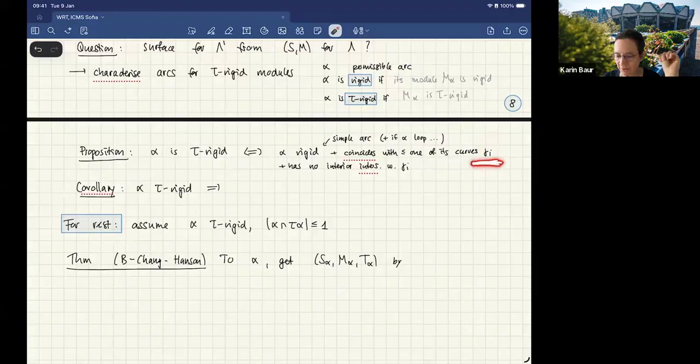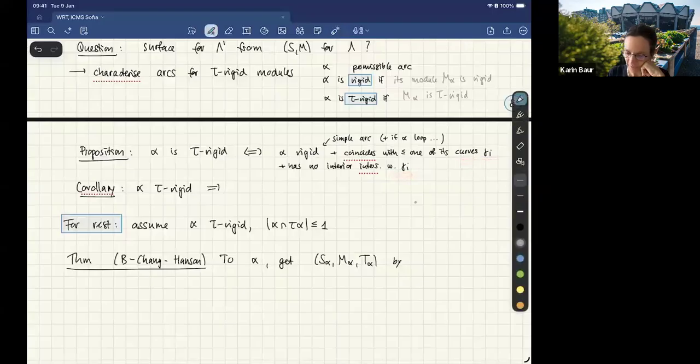These curves are corresponding to direct or inverse modules to arise as this hook or co-hook construction. And we say that at most one of them is equal to alpha. Sometimes one of them is equal to alpha itself. And these curves shouldn't really intersect alpha. So I don't want to go into much details, but there is some gamma 1 here and some gamma 2. And then you construct tau alpha by connecting these.